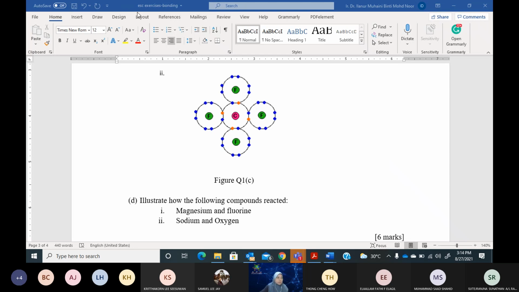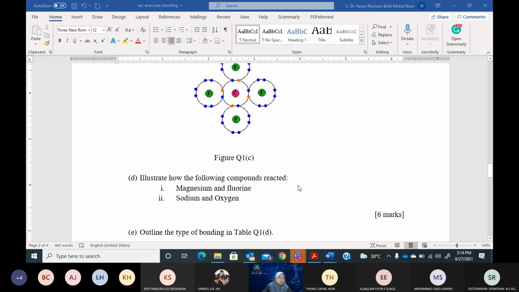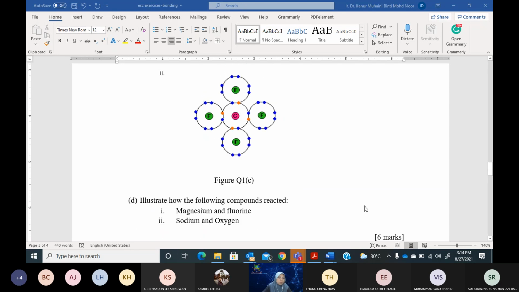Illustrate can also mean writing in a paragraph what happened. The paragraph can be in point form also. So look at this, how do you want to do this? Okay, so magnesium plus fluorine.